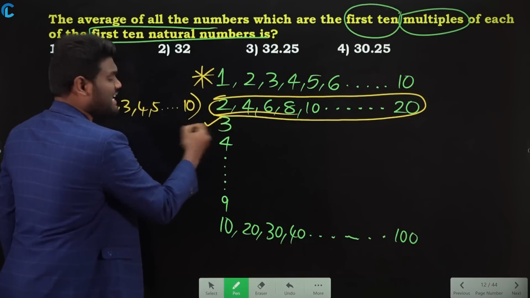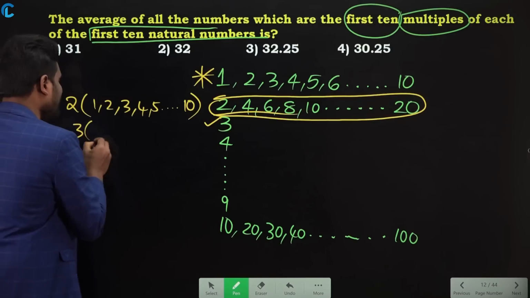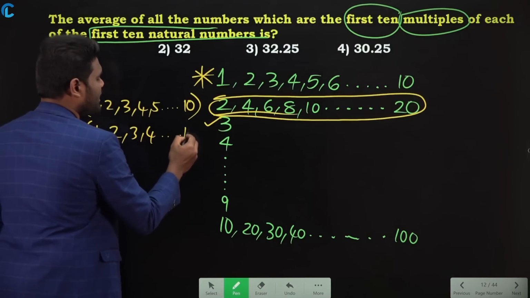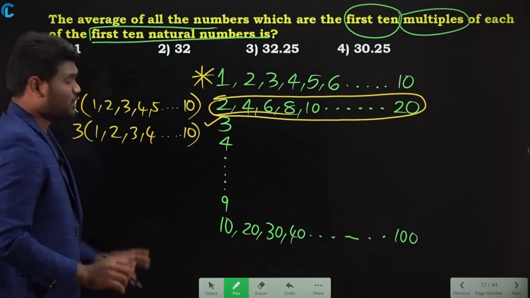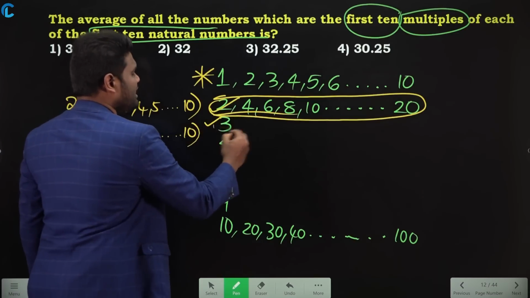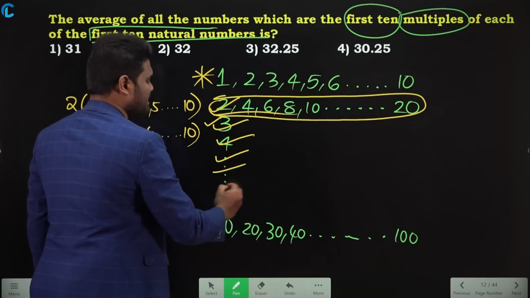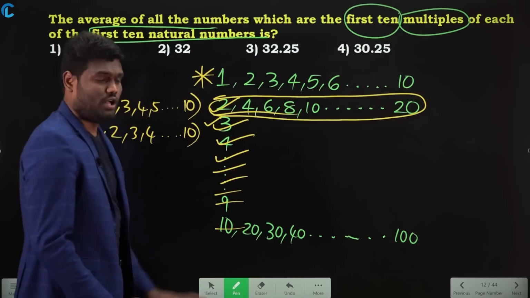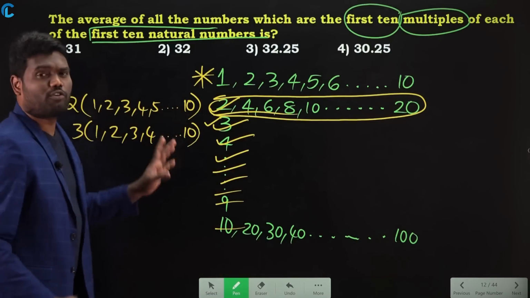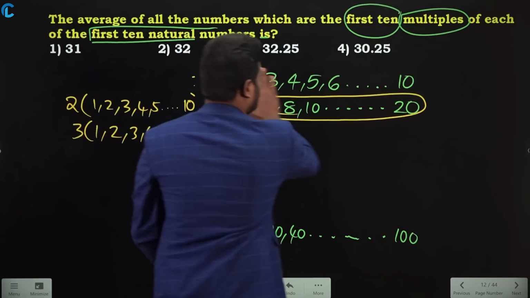Similarly, from this series, if I take 3 common, this is 1, 2, 3, and so on, it is going to be 10. Yes or no? So if you observe here, what happened is, from these I can take 2 common, 3 common, 4 common, 5, 6, 7, 8, 9, 10. Yes or no? So if I take those numbers common, it is going to be 1, 2, 3, 4, 5, 6, 7, 8, 9, 10. Yes or no?